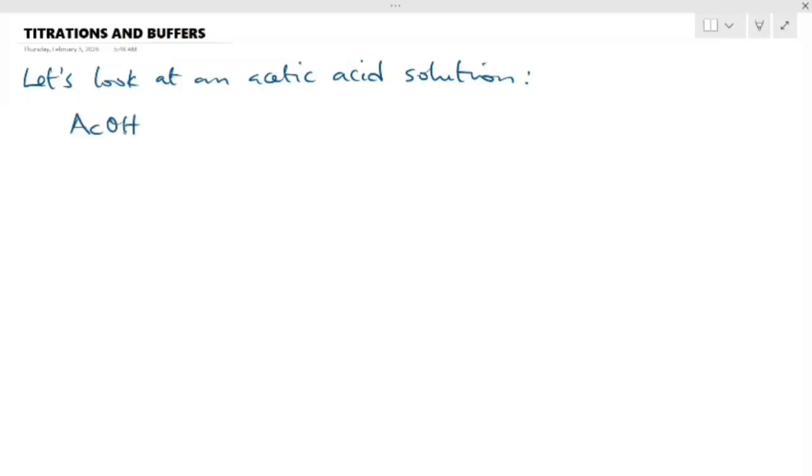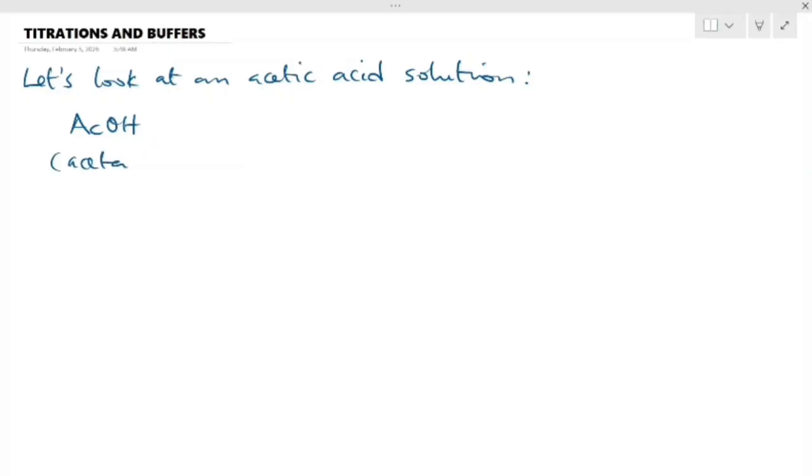So let's look at an acetic acid solution. Acetic acid can generally be represented by ACOH, and the conjugate base is known as your what?